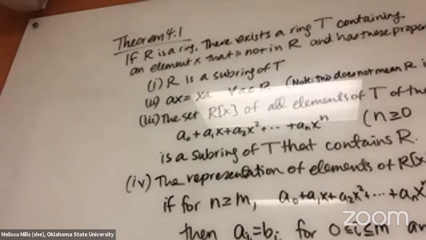And the answer is no. The powers are just regular old integers. Can the powers be like rational numbers? No, the powers have to be natural numbers, positive integers. That's a great question.